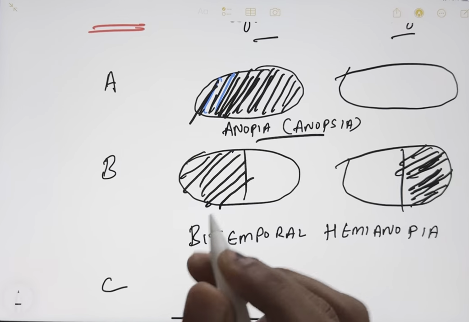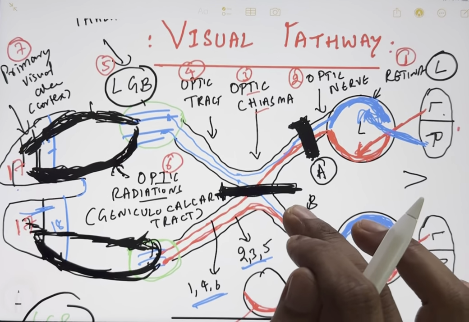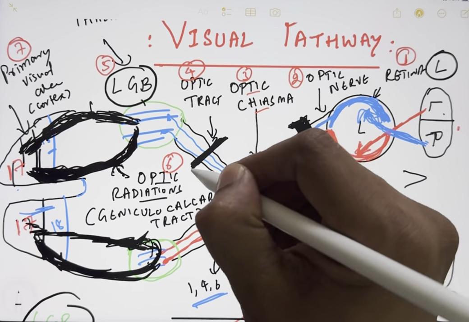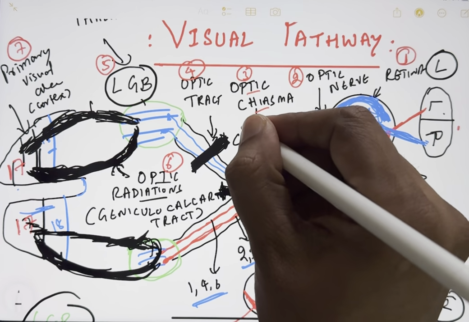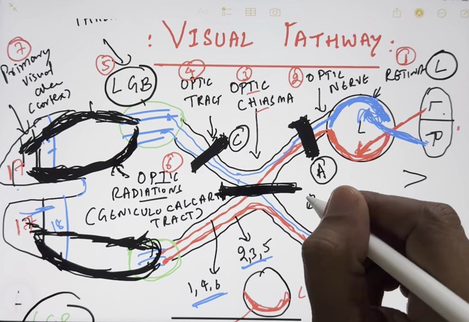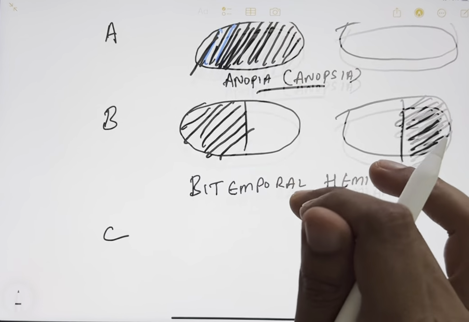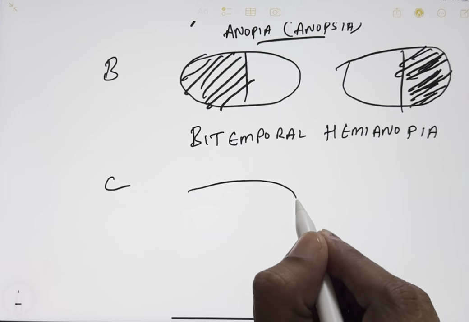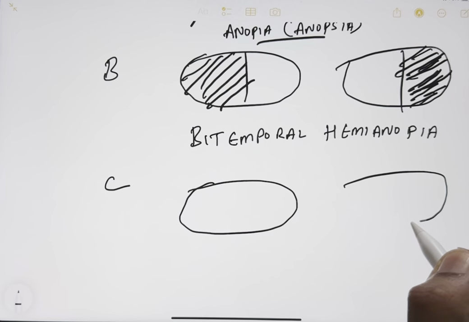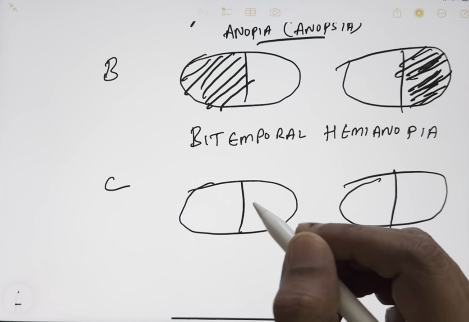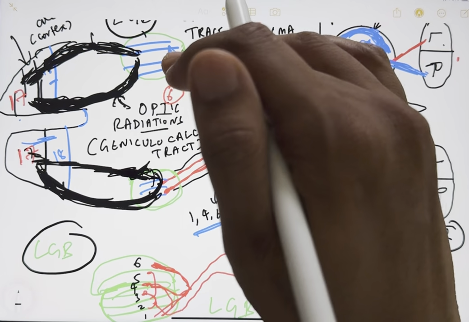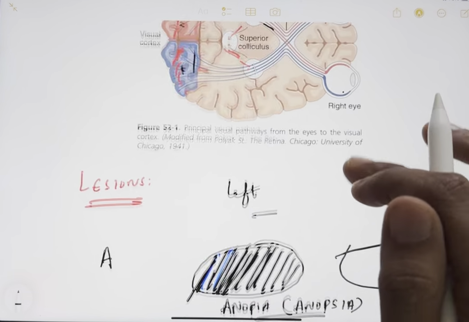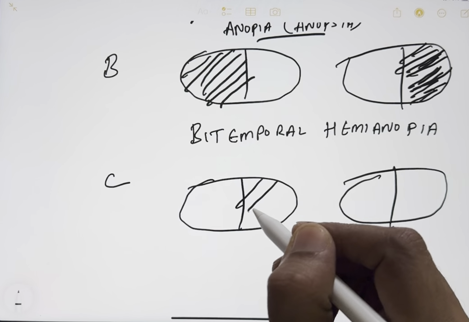Now, consider one more lesion. Suppose on the left optic tract there is a certain disease or lesion or damage, section number C. Now, how will the visual field look? Remember, as I told you, it is a crossed sensation. If the left optic tract is affected, the right side visual field is lost like this.